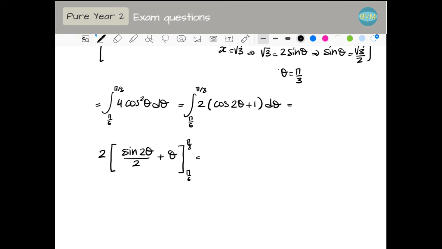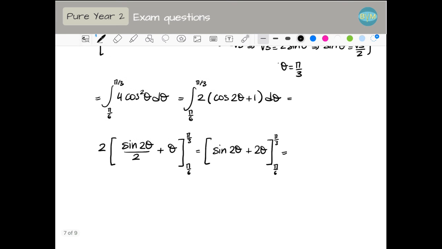Before substituting, I'm going to multiply by 2, just expanding the brackets, so I have sine 2 theta plus 2 theta, and I substitute between pi over 6 and pi over 3. When I substitute pi over 3, I have sine of 2 pi over 3. Sine of 2 pi over 3 is root 3 divided by 2. You can use the calculator for this if you don't know. Then plus 2 pi divided by 3.